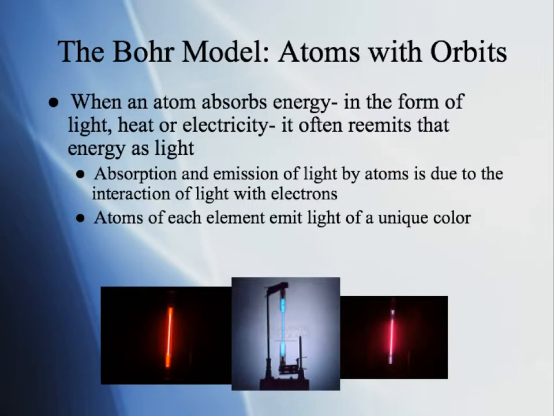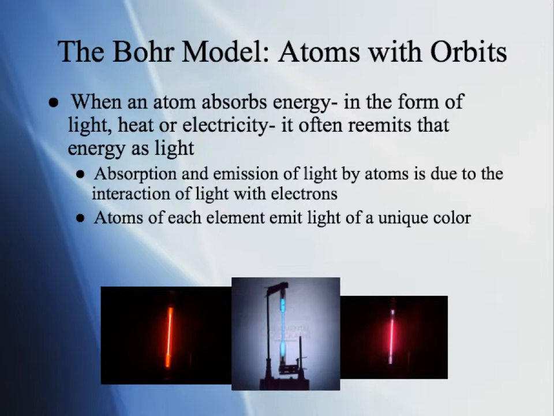We're going to move on now to talking about atoms and what light has to do with atoms and atomic structure. So when atoms absorb energy, and they're going to either absorb energy in the form of light, heat, or electricity, they often emit energy as light. Okay, and we're actually going to see this.